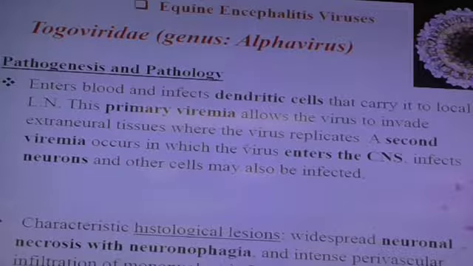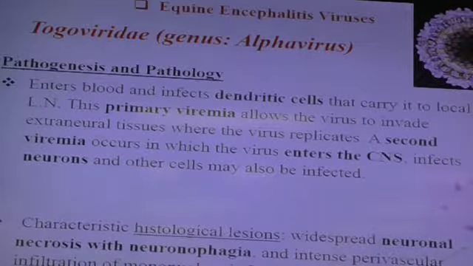What are the characteristic histological lesions? Neuronal necrosis and neuronophagia. Basically, there is necrosis, and neuronophagia. Phagia refers to the monocyte, the macrophages.